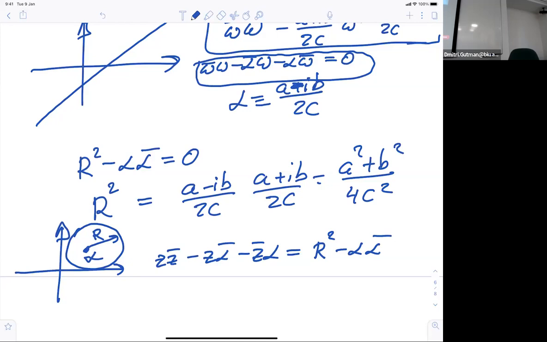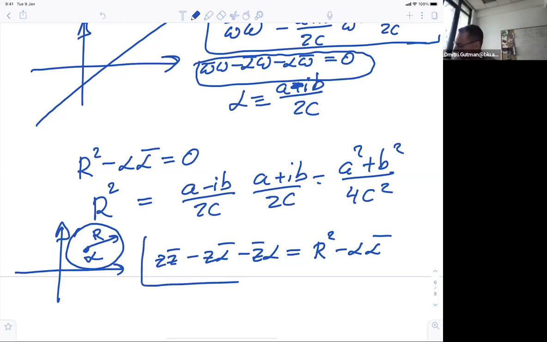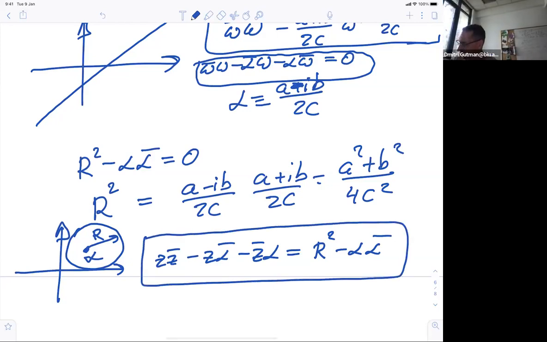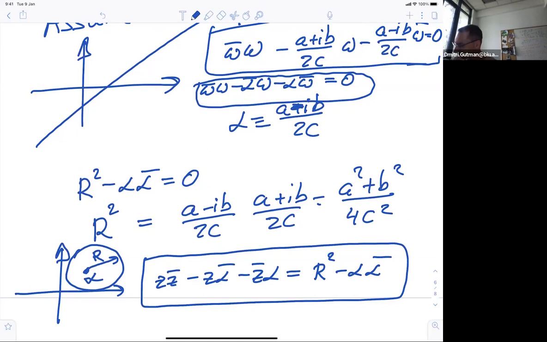Yes. Okay, then I just compare this equation for z of the circle, which I know for sure describes a circle of radius r capital. And then I look at the equation in terms of w, it has the same structure, but it has 0 on the right-hand side.